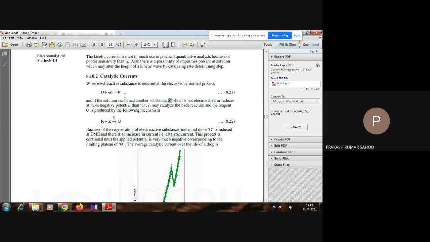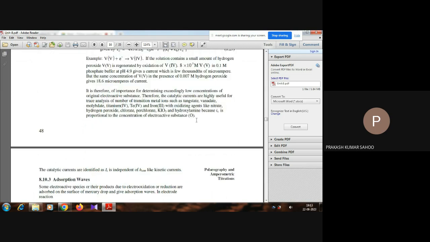If it is present, then the reductant is again converted to oxidant, then we have the equation IC equal to this type: 493 n D0 half C0 m to the power 2 by 3 t to the power 2 by 3 (k plus kb Cz0), then whole to the power 1 by 2.